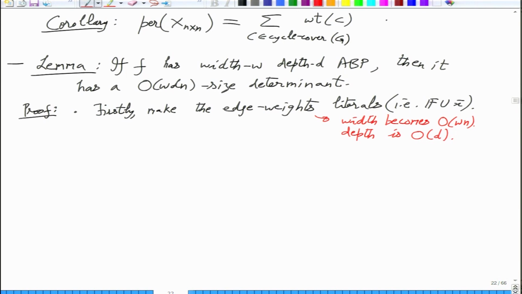This is important. Width changes but depth doesn't change. Now look at this graph, and let us add the edges.